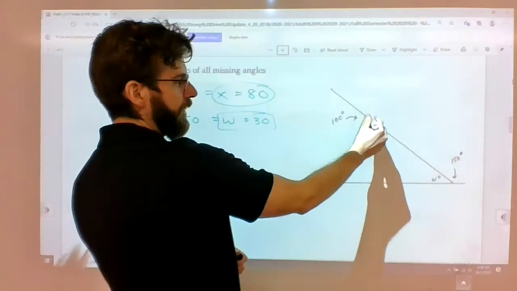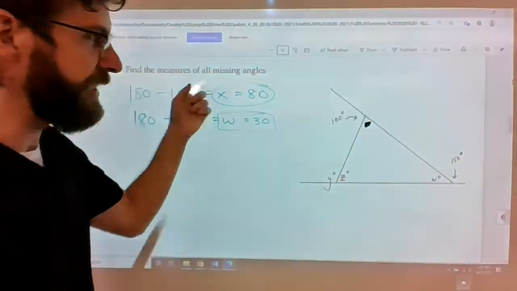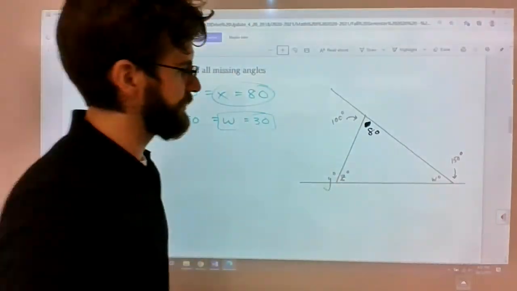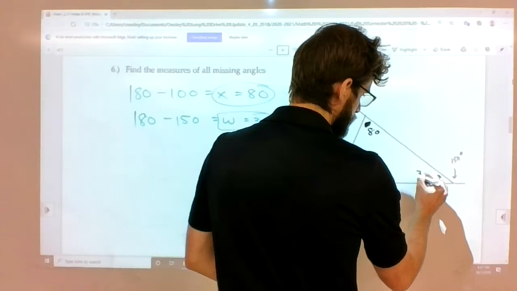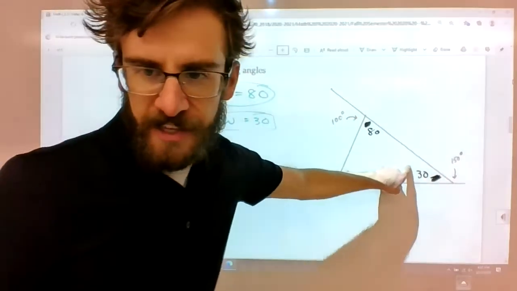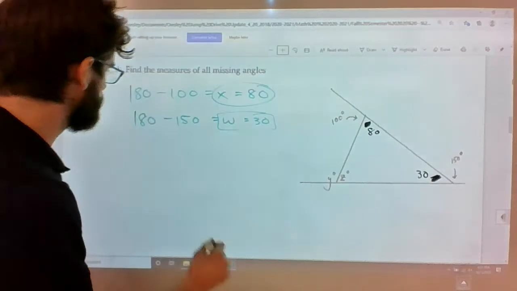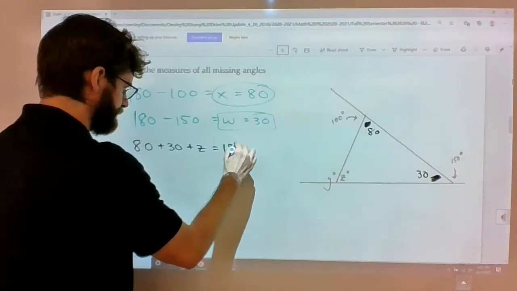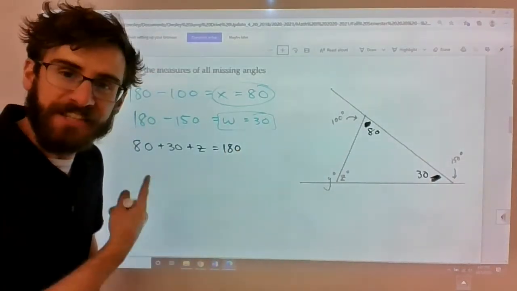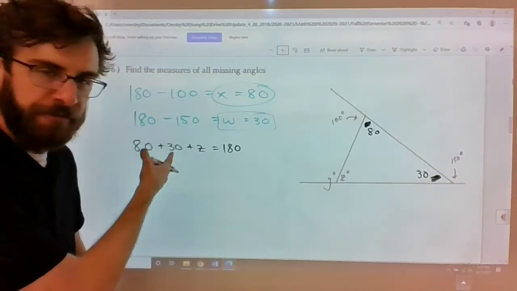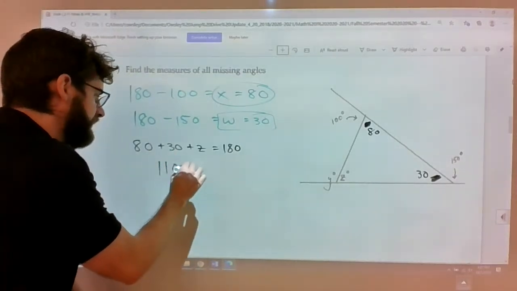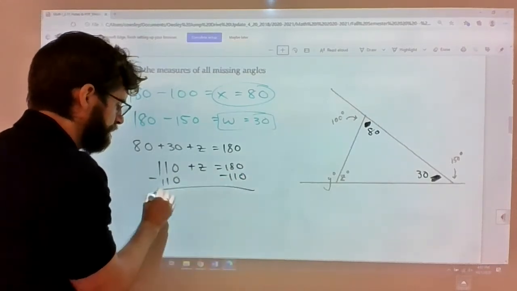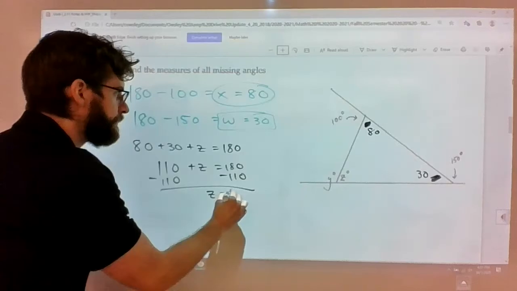I know that this angle right here is 80 degrees. I know that this angle here is 30 degrees. All three of these must add up to 180. So if I get z by itself, there's only one variable here. 110 plus z equals 180. Subtract it from both sides. Z is equal to 70 degrees.